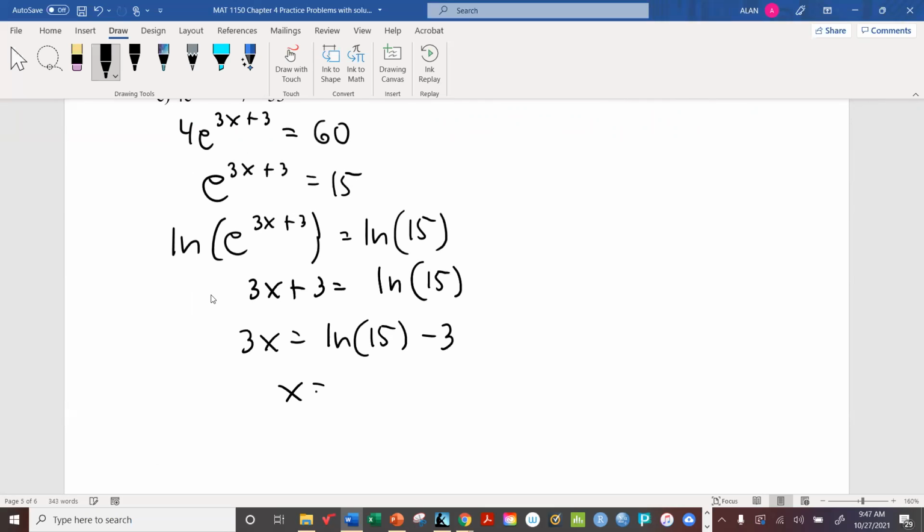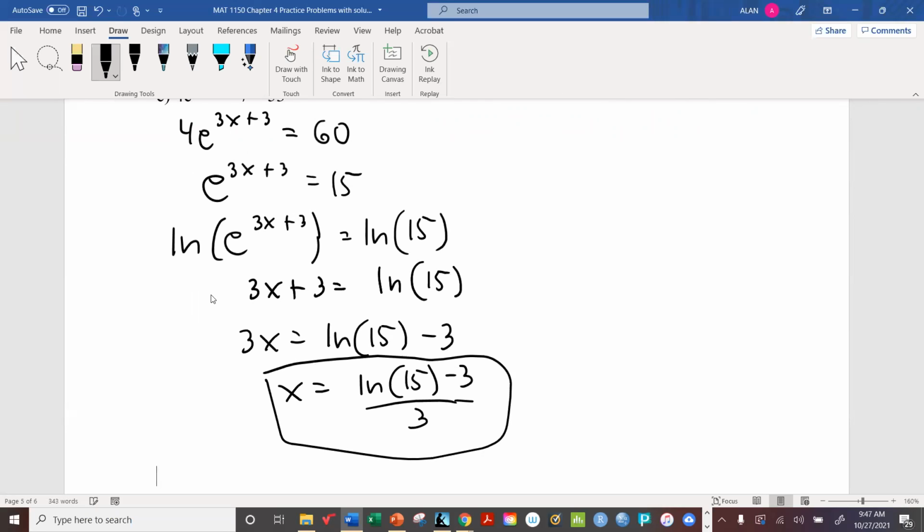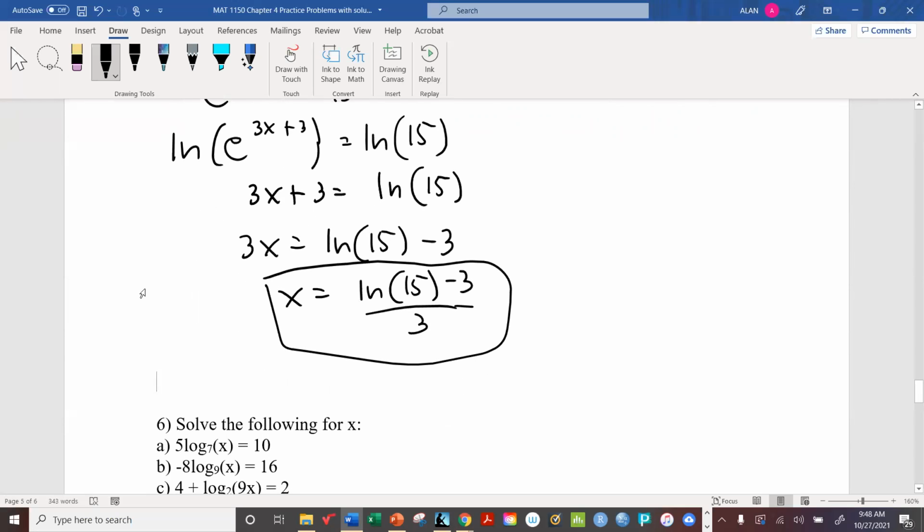And then divide by 3. That's it. That's all we needed. Very good.